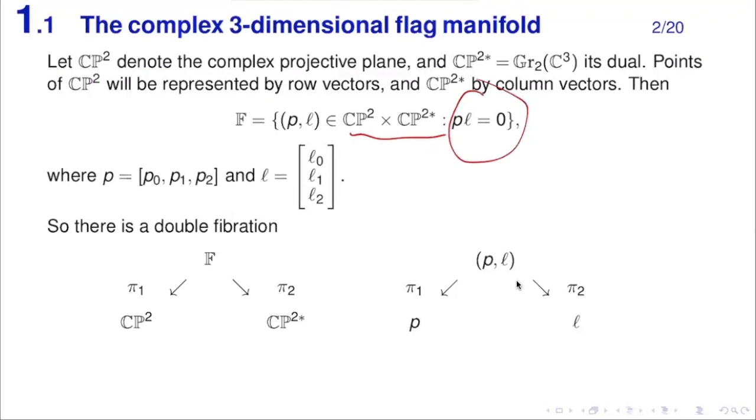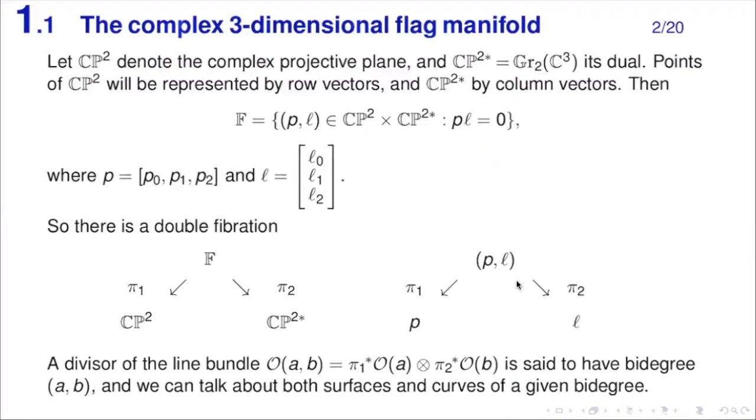It's a complex manifold, and we have two holomorphic projections, one to the points and one to the lines. That's always at the back of my mind: I'm thinking of the flag manifold as embedded in the product of two projective planes.